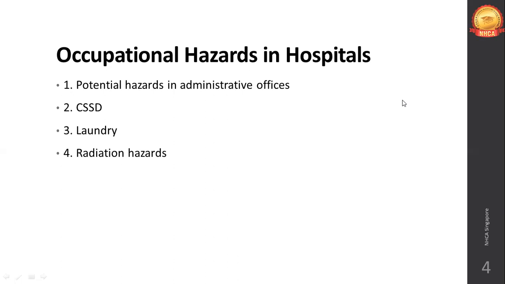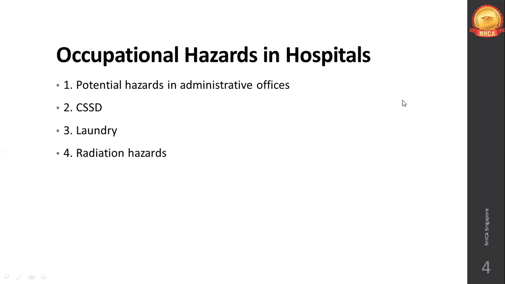Then radiation hazards. If lead aprons are not worn properly, or if pregnant staff or fertile women are posted in the radiation department, that could lead to radiation hazards, including infertility among female as well as male staff. It is also a risk if they don't regularly use the lead apron or their dosimeter.